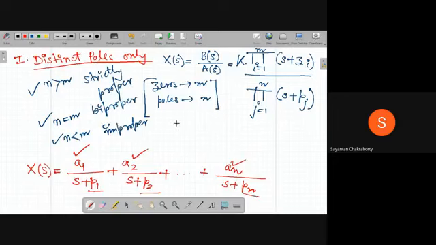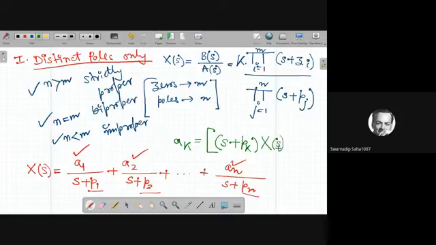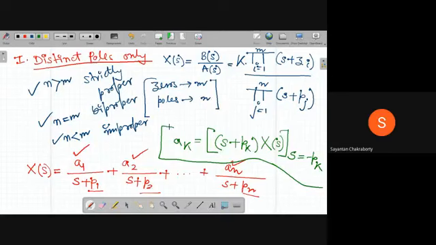So how can this Ak be calculated? (s + pk) into X(s), then s equals to minus pk. Right, exactly. There's a very simple formula you can use here. You calculate the values of A1, A2 up to An.